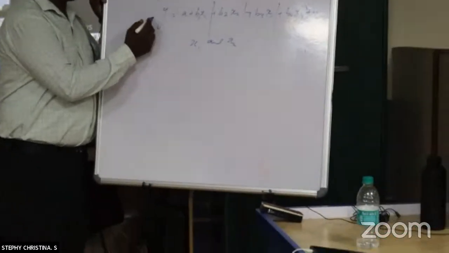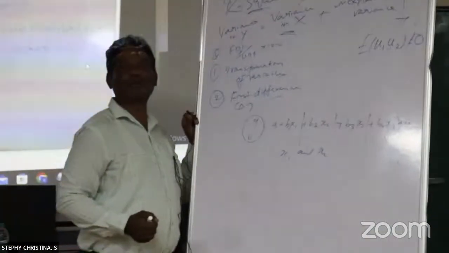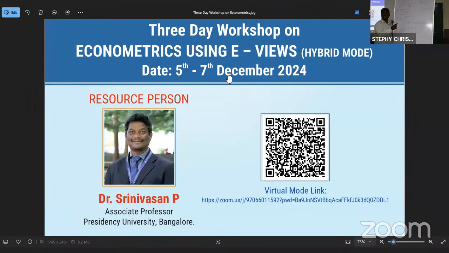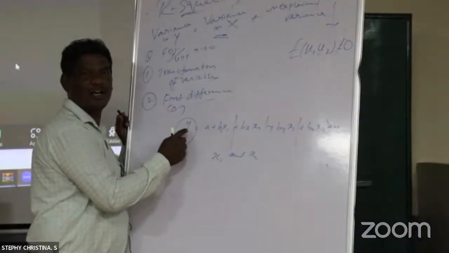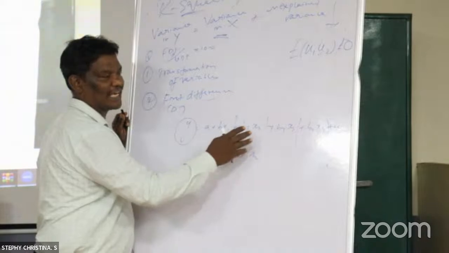Actually, we want to estimate Y using the independent variables. We want to see the individual impact of X1 on Y, X2 on Y, X3 on Y, X4 on Y.